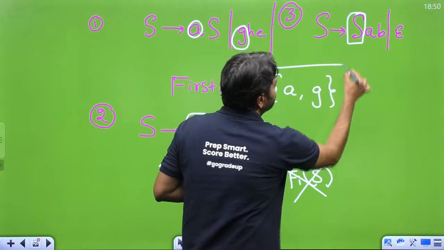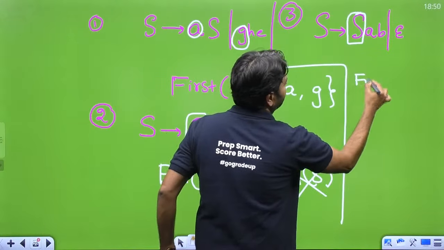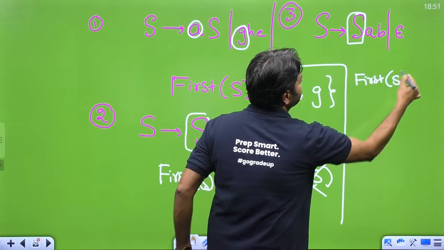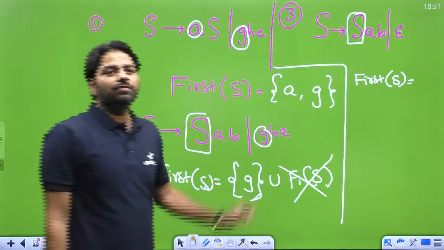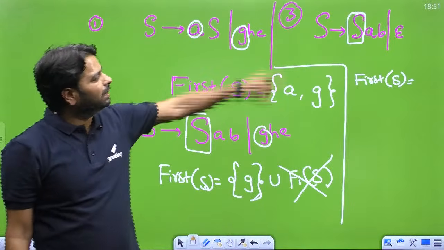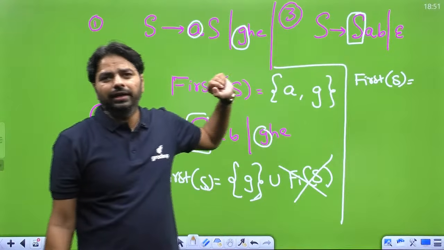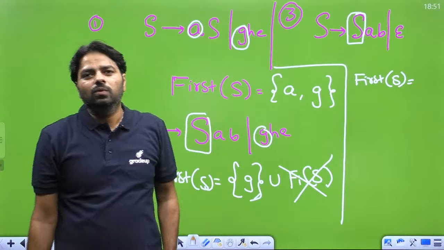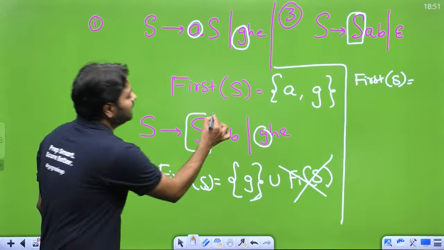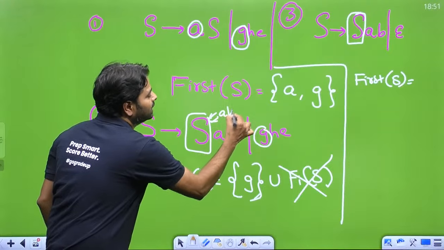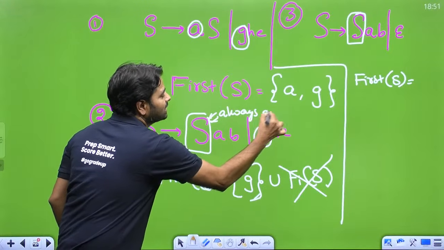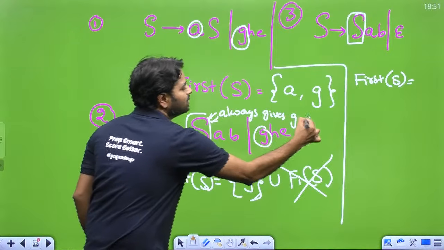If I ask here first of S, be careful when you calculate in the exam. Just answering epsilon will not work, right? Why is A not coming? Because S always gives something, that is G, always G as the first.